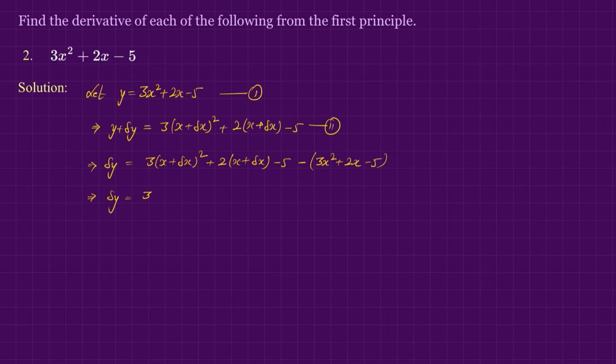So it will be 3 times x square plus 2 times x into del x plus del x square plus, let us open this bracket also, it will be 2 times x plus 2 times delta x minus 5. Let us open the bracket with minus 1, so it will be minus 3x square minus 2x plus 5.